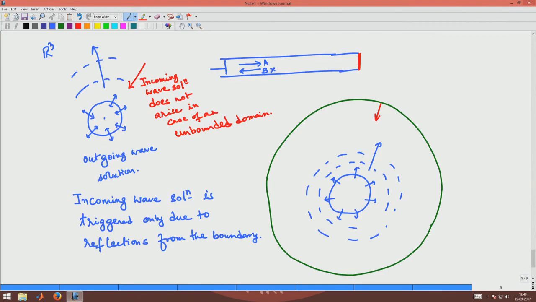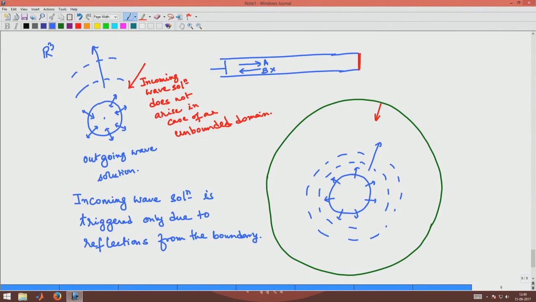It may appear strange that once you have this incoming wave, as the wave propagates, the radial distance goes smaller and smaller; the R variable goes smaller. For the outgoing wave, the R variable is going larger, and as a result it attenuates, whereas for the incoming wave, as it travels, the R variable gets smaller, and it will increase its amplitude in the direction of its propagation, which is inwards.